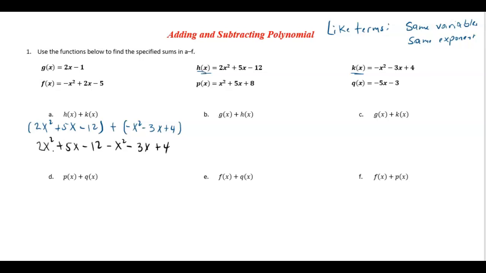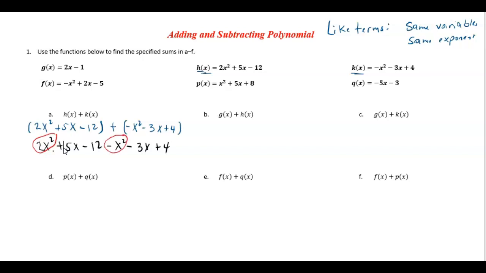What term has the same variable, x, and the same exponent, 2? That's negative x squared. You always include the sign in front of it. So we're going to combine these two right here.